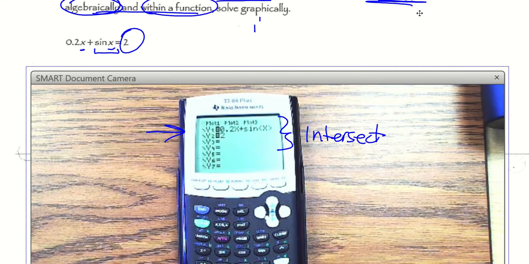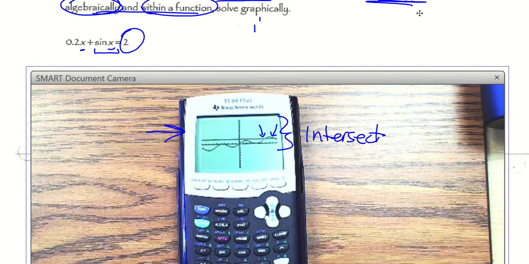So I'm going to start with the zoom standard. I'm going to come in here and go zoom 6. And there's that wave I expect from a function with a sine in it. And there's the graph of y equals 2. We can see on this screen that these two are intersecting at 2 points, here and here.